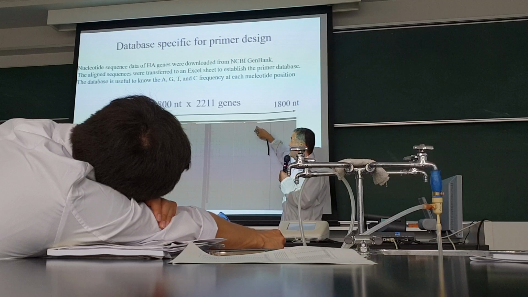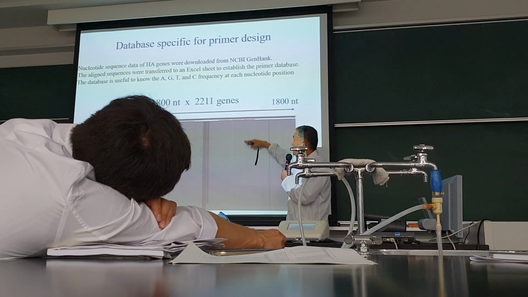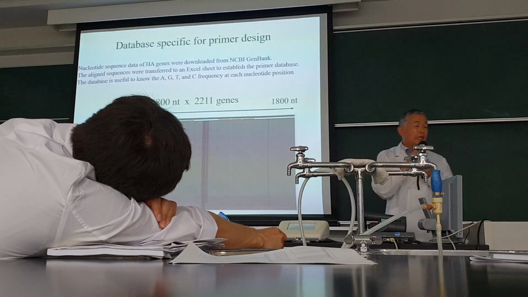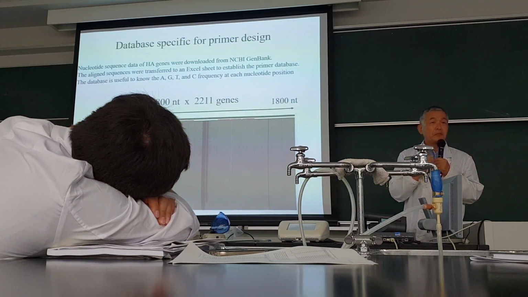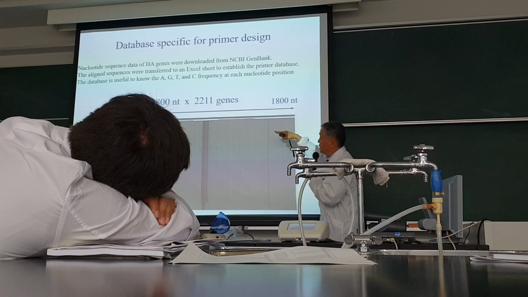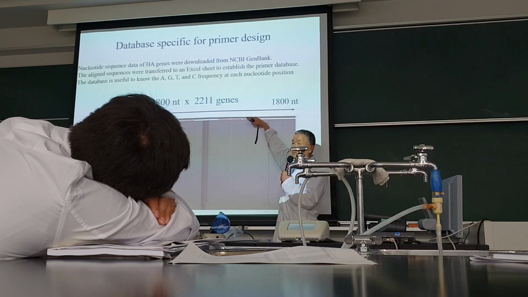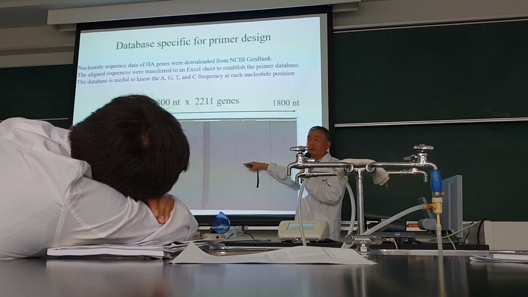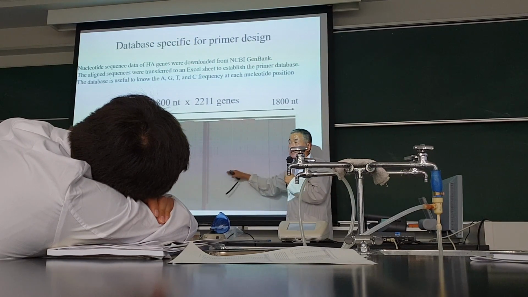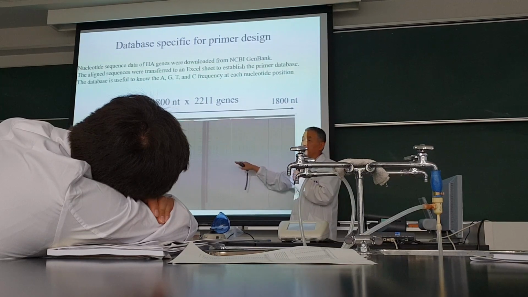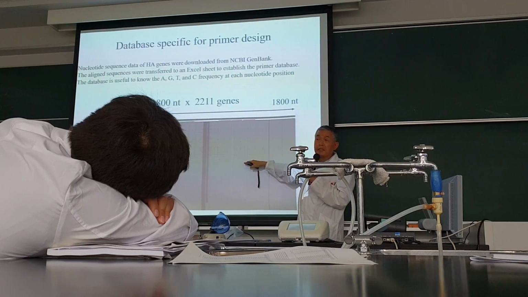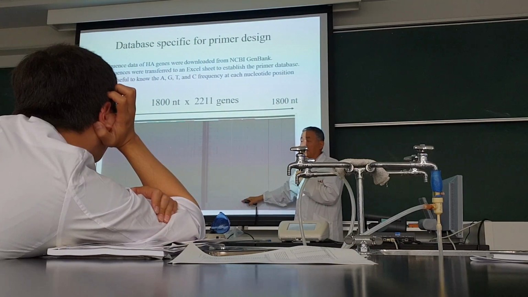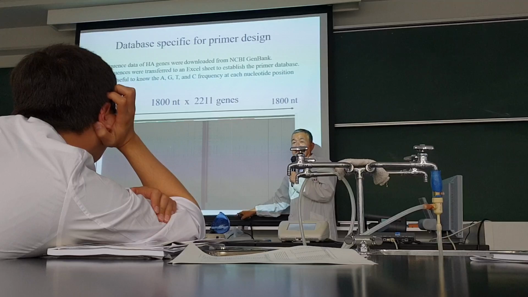A mismatch number of less than 2 is acceptable for gene amplification, but more than 3 cannot. In that case, when we use this primer, around half can be detected, others are not. So we make another consensus sequence here as a second primer, and we can count how many strains are detectable and others are not.